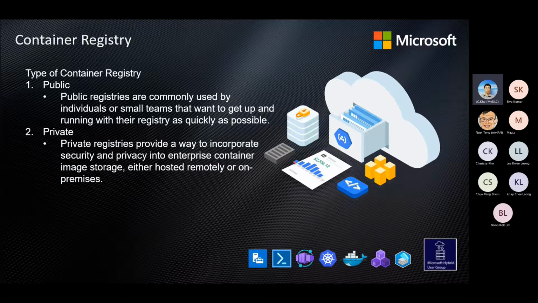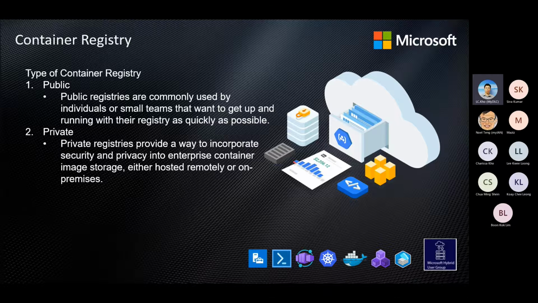And there's another type called the private container registry. A private container registry provides a way to incorporate security and privacy into enterprise container image storage, either hosted remotely or on-prem.